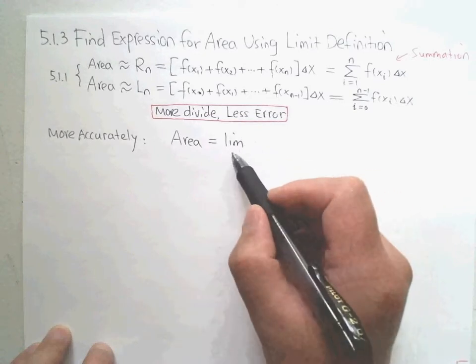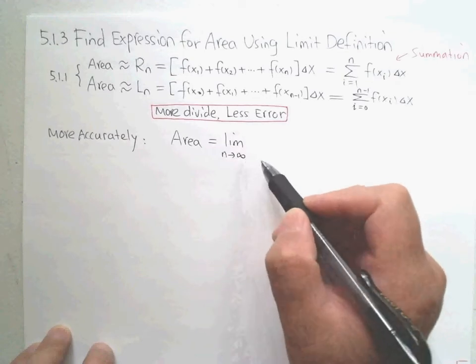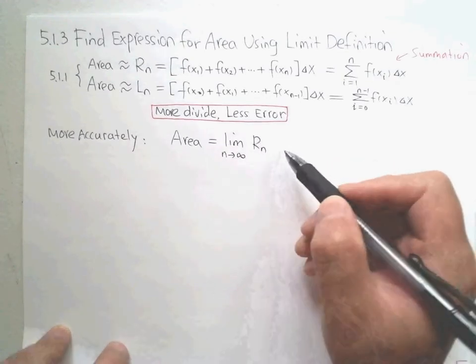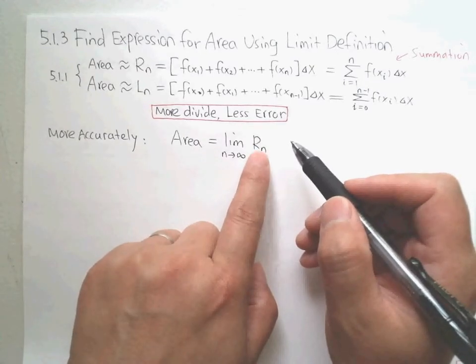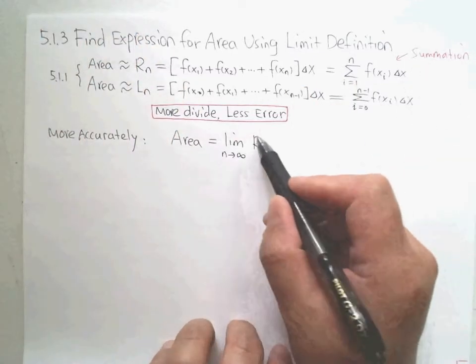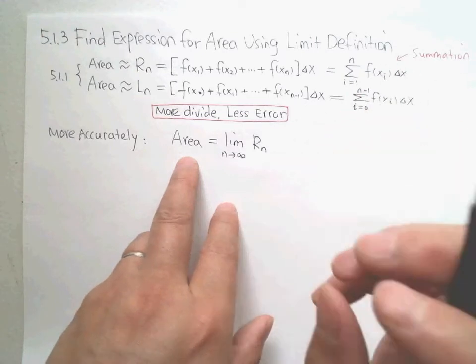As n approaches infinity, the limit of R_n, the right endpoint approximation, if the limit exists, we can use it to describe the exact area.